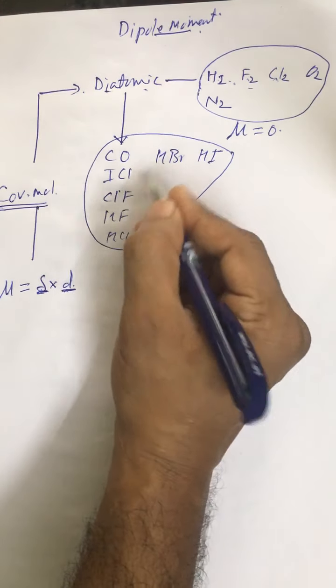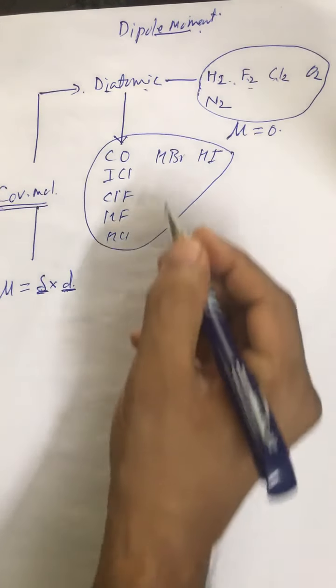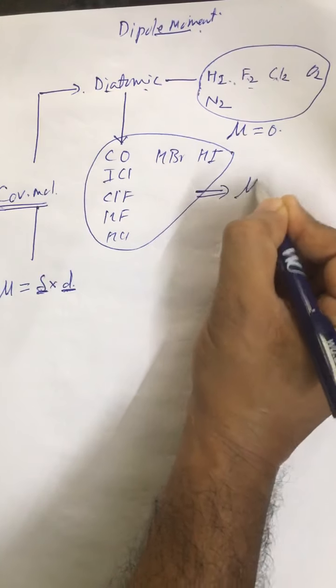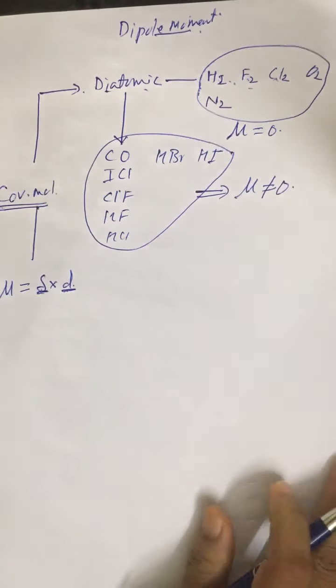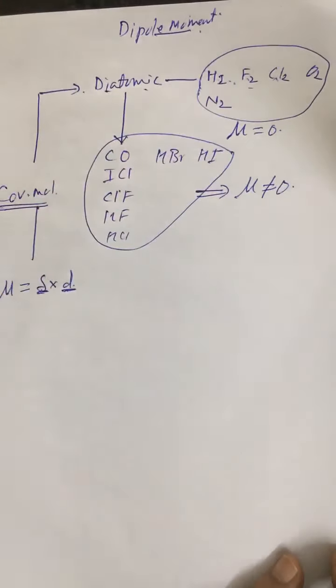Since we have different atoms, obviously their electronegativities will be different, and the dipole moment of such a molecule is never zero. It is positive, meaning it shows some dipole moment. So this is the first thing.